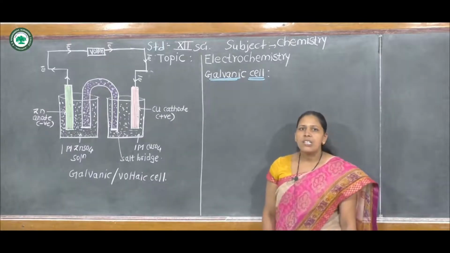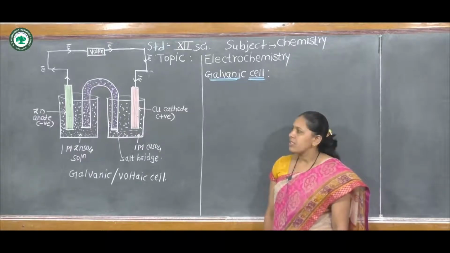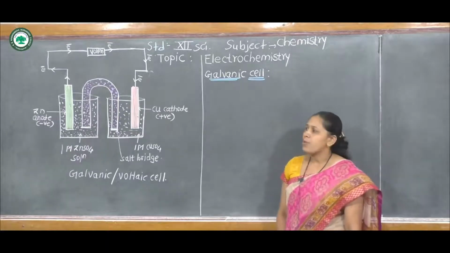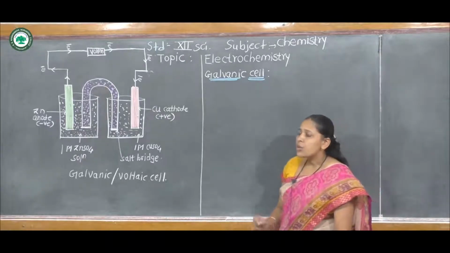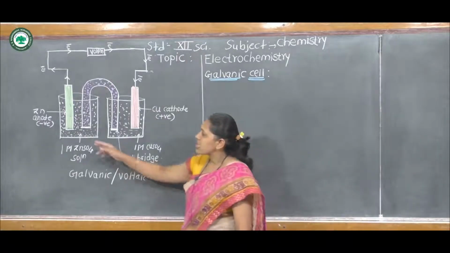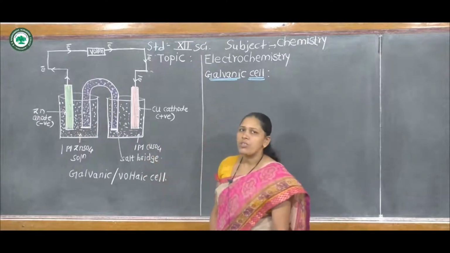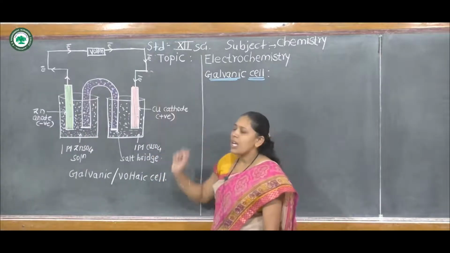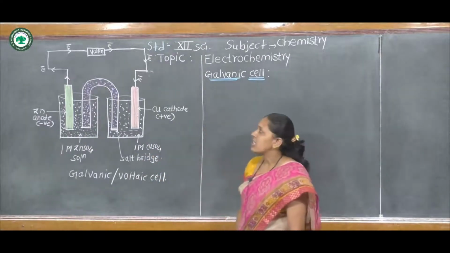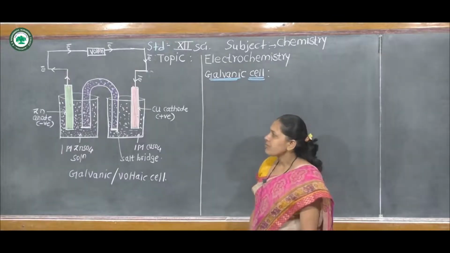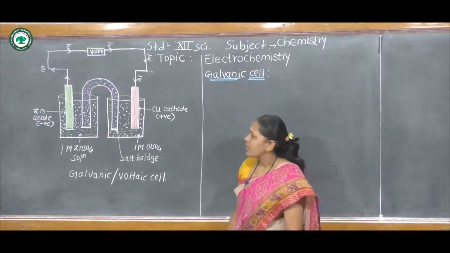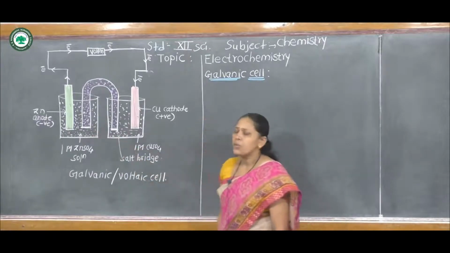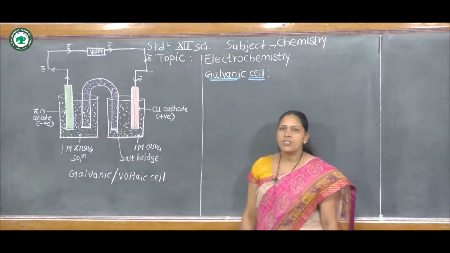In this way, a galvanic cell is made up. That is, a galvanic cell is made up of two half cells, and these two electrodes, the zinc anode and the copper cathode, are connected by an electrically conducting wire. Then the two solutions are connected by this U-shaped tube called a salt bridge.